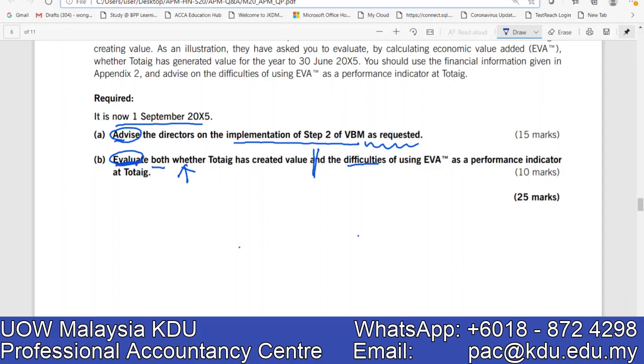So when you answer your part B, write nicely. This is my answer for task 1. This is my answer for task 2. No matter who marks your script, they sure love you. I'm telling you how to write your answer to be a marker-friendly answer.